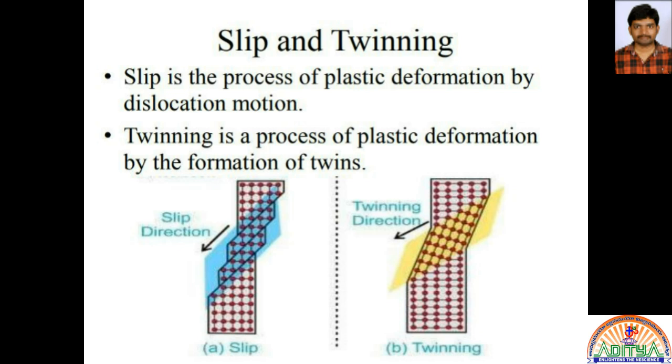Slip occurs along specific slip systems, which are combinations of slip planes and slip directions. Slip planes are the planes along which dislocations move.